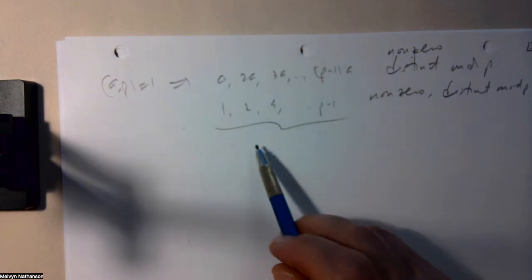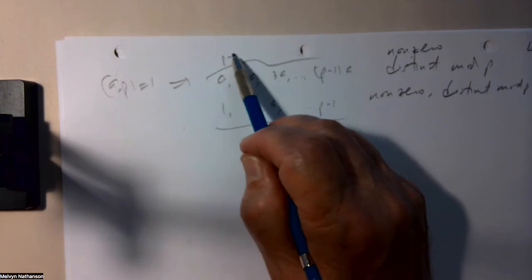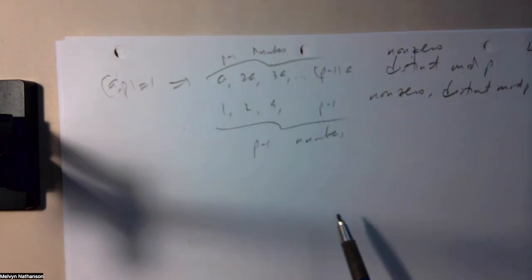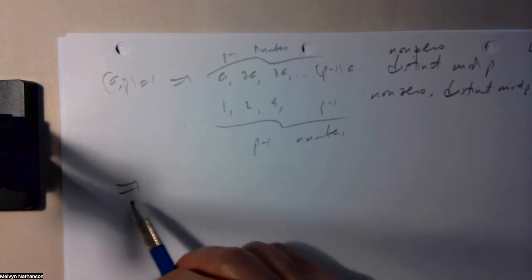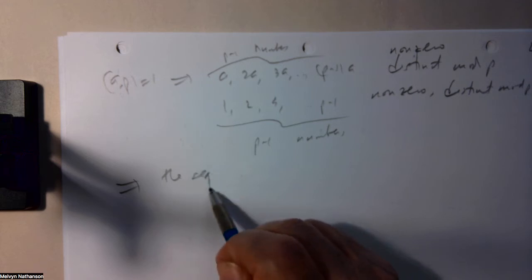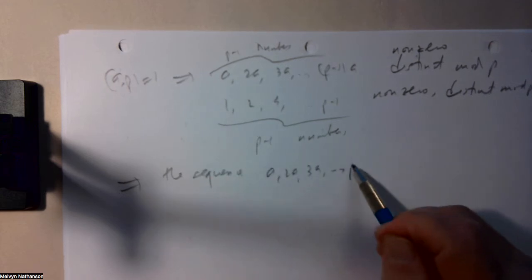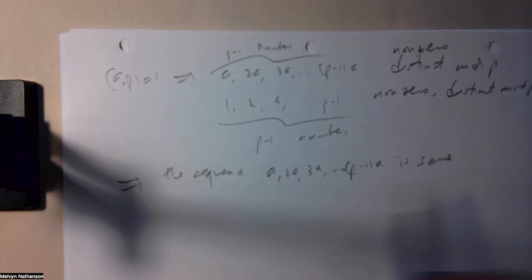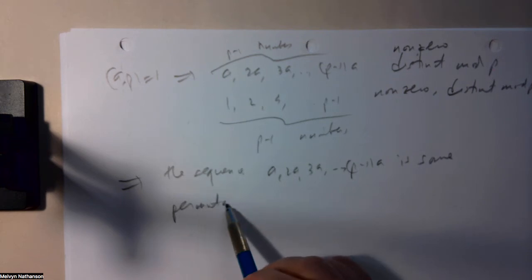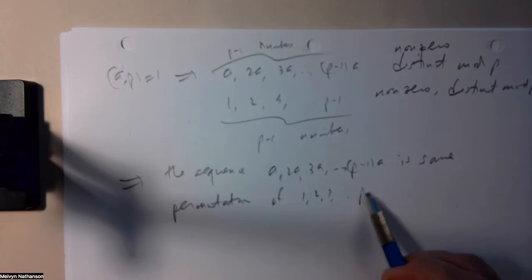So here I have p minus 1 numbers, and here I have p minus 1 numbers. They're distinct mod p, but there are only p minus 1 numbers distinct mod p. So the sequence of numbers a, 2a, 3a up to p minus 1 times a is just some rearrangement or permutation of the numbers 1 to p minus 1.